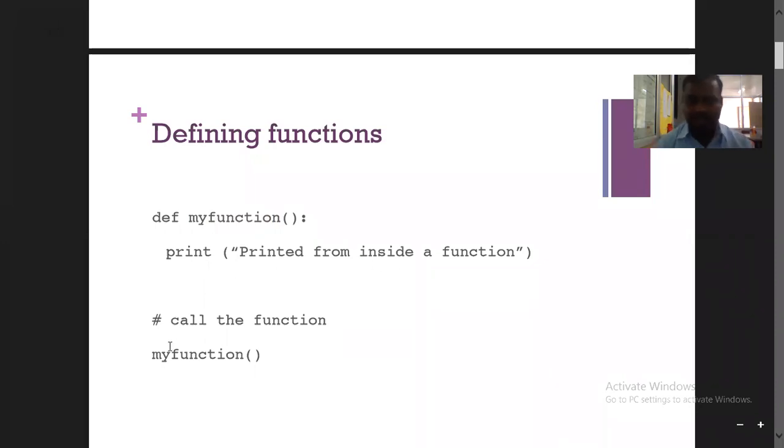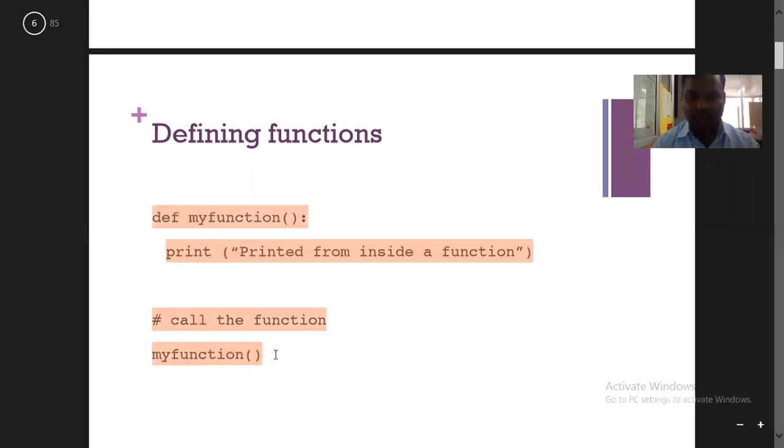And the third, the main statement of the function, is that we have to call the function. my function calls the function. So def my function is the definition, it has one print statement, printed from inside a function, and the last statement calls the function. This is the procedure, the way we have to define a function in Python.